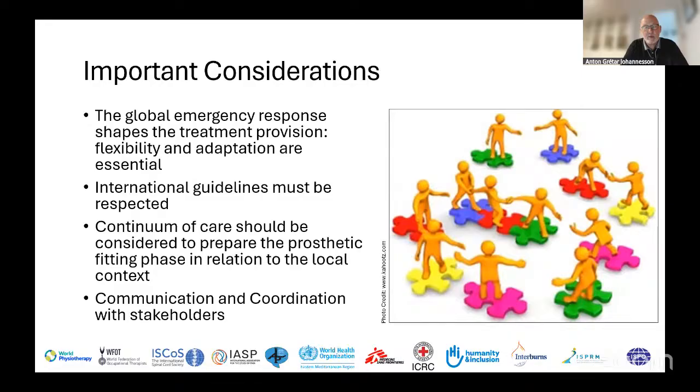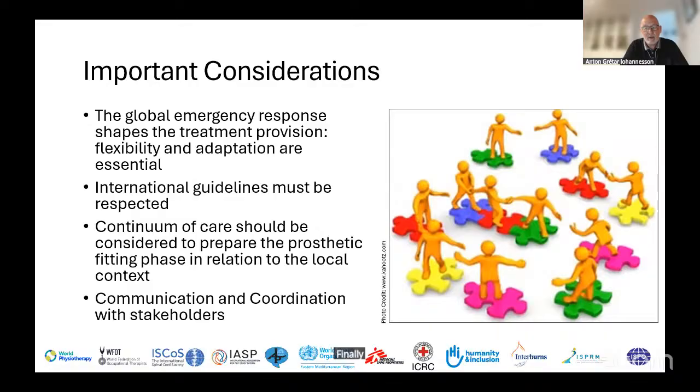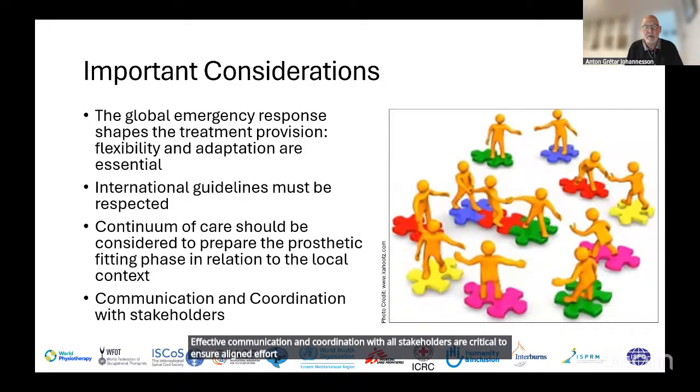It is important to maintain a continuum of care, preparing early for the prosthetic fitting phase while taking the local context and available resources into account. Finally, effective communication and coordination with all stakeholders are critical to ensure aligned effort and optimal patient outcome.